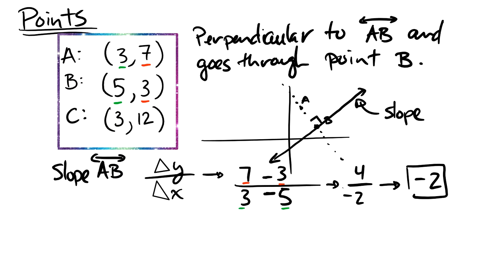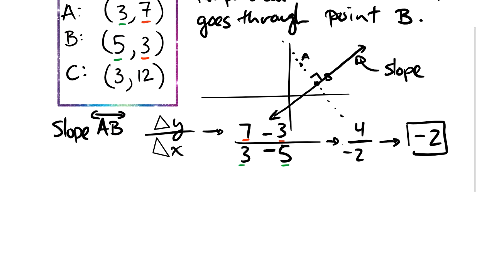Now, because I'm trying to find the equation of the line that's perpendicular to that line, I'm not going to use negative 2 as my slope. I'm going to use the opposite reciprocal of it. So the slope I'm trying to find, for the line that I'm looking for, would be positive 1/2, right?